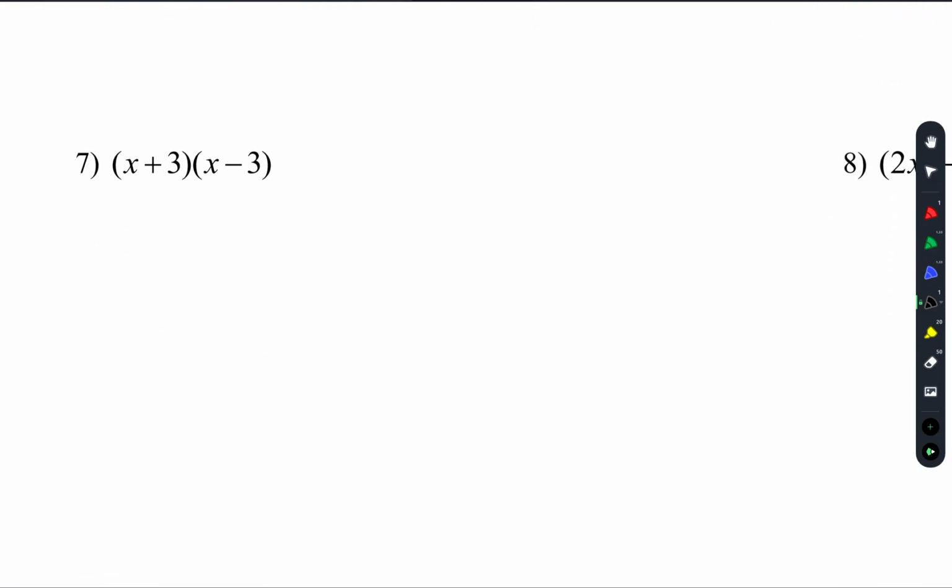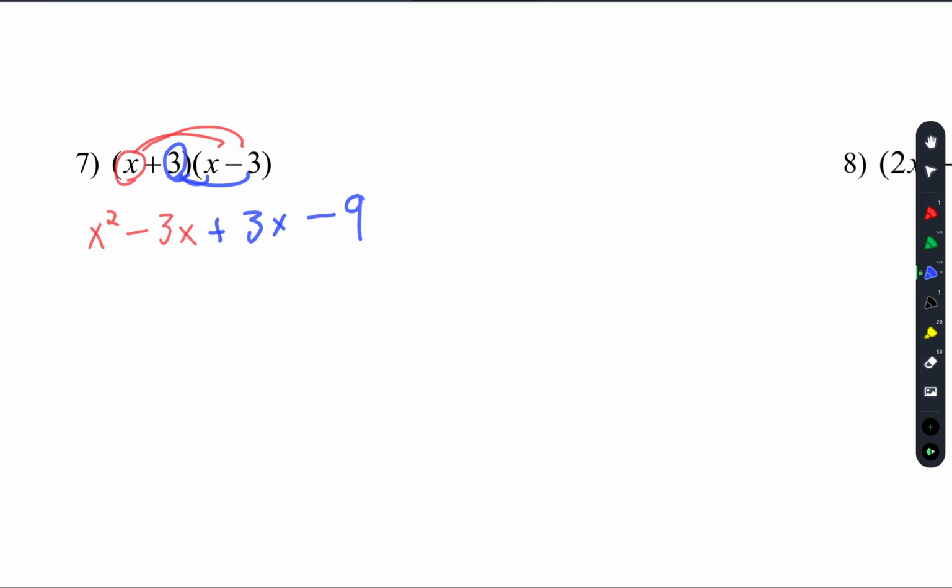This one, if you notice the pattern, you can go straight to the answer. But if you don't, no big deal. Just do what you always do, distribute. So you're going to go x times x. But if it's in this form, there's a fancy pattern to it. If you notice the pattern, it saves you work. You can go straight to the answer.